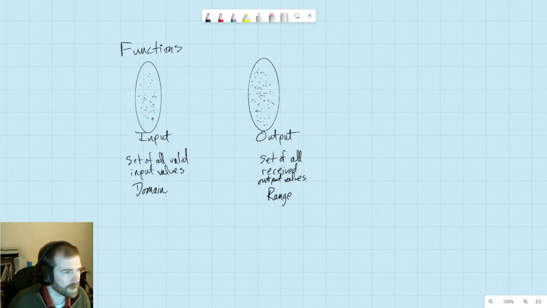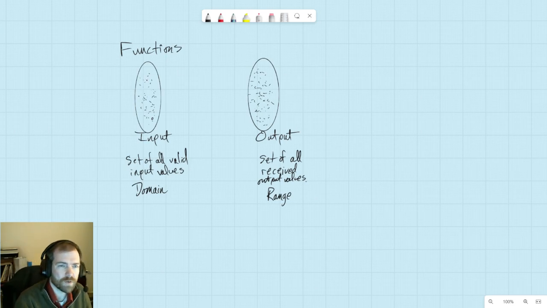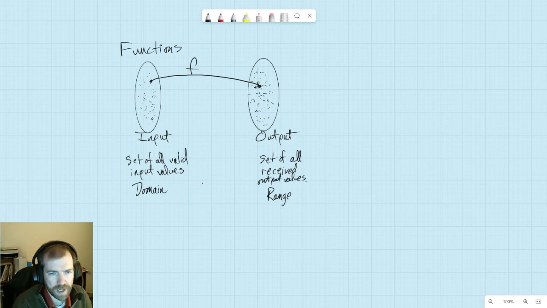Yeah, this is where I get kind of weird sometimes. So for an actual function, right, you've got your set of inputs which match to your set of outputs. F is your mapping, which goes from one side to the other. We've got our domain to our range. The weird thing is that our output values, or the range, is really like the image of f. So it's the things that actually come out of the function itself.